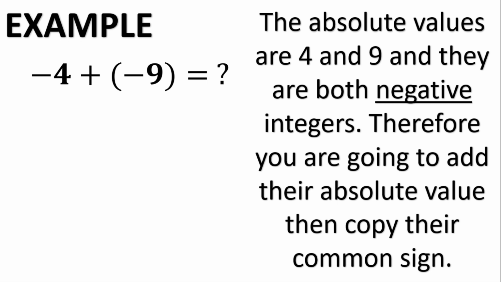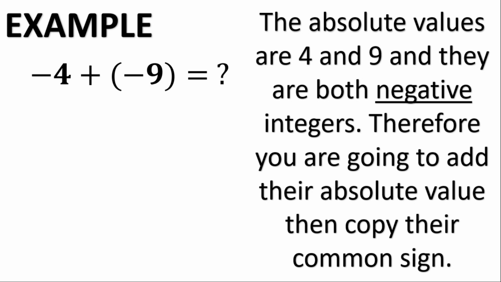Another example. Negative 4 plus negative 9. The absolute values are 4 and 9. But they are both negative integers. So, dahil like sign pa rin sila, i-add natin yung absolute value na meron sila, then we are going to copy their common sign.